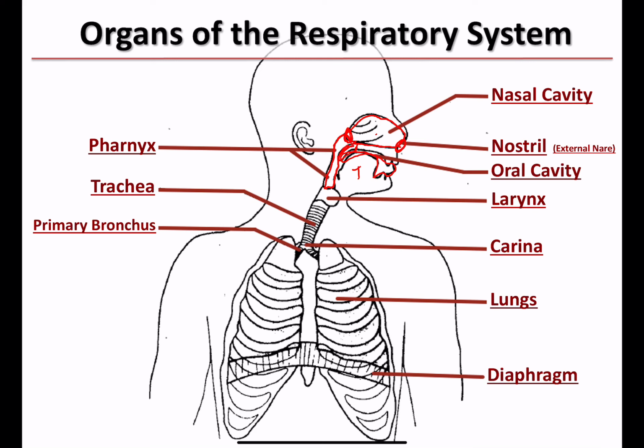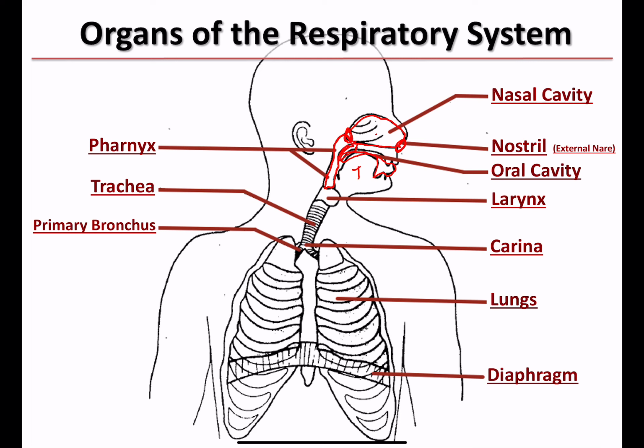So because you have the diffusion of these gases across the walls of the airways of the respiratory zone, we refer to these airways as being part of the respiratory zone. We refer to the airways of the conducting zone as such because there is no respiration going on. The only function of those airways is just to get the air from point A to point B.